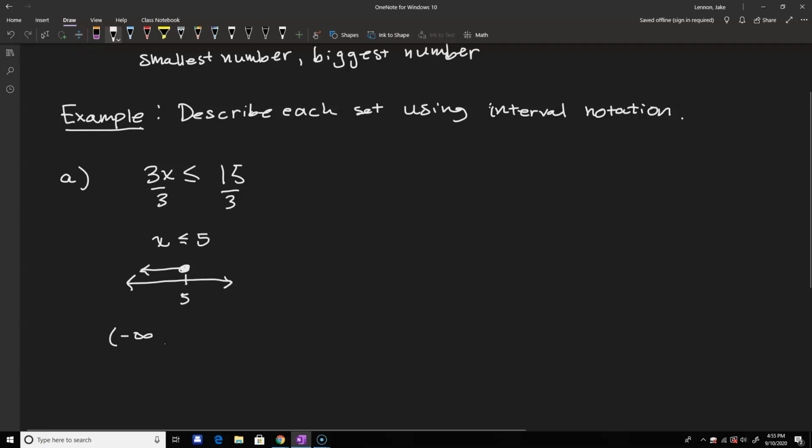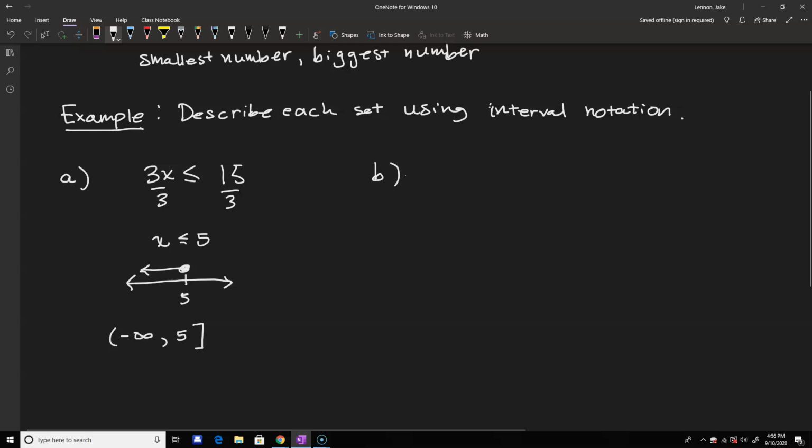So we use the negative and then the infinity symbol, and then a comma, and then 5 is the biggest number. If we want to include the number, we use a square bracket. If you don't want to include the number, you use a parenthesis. And a parenthesis is always used with an infinity symbol. So keep that in mind.